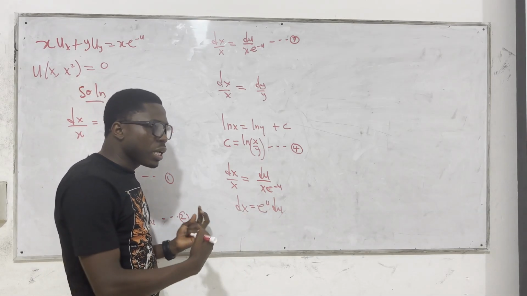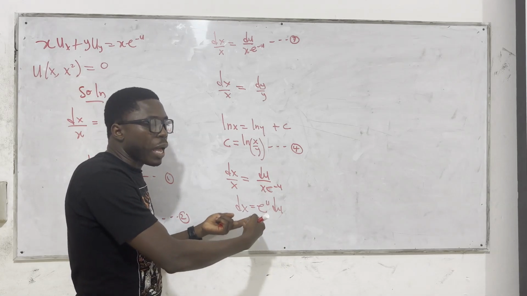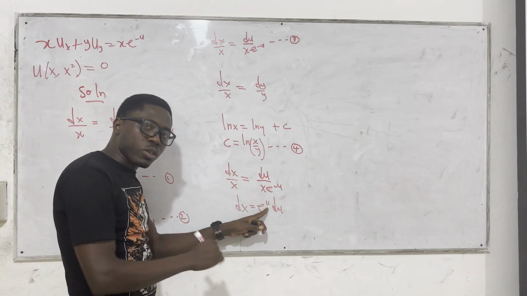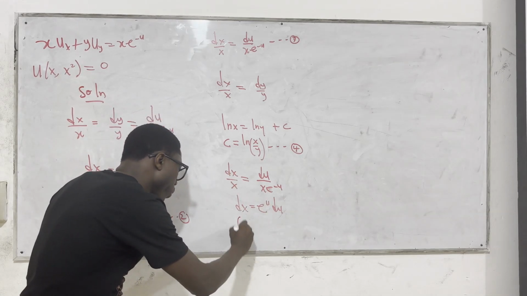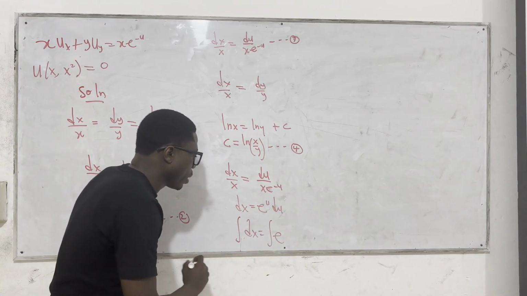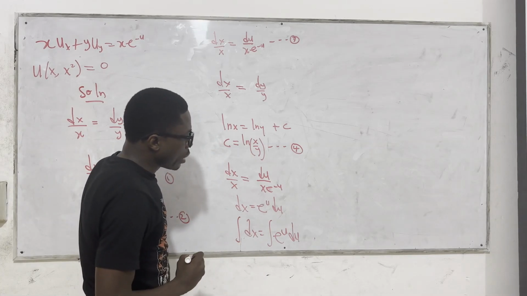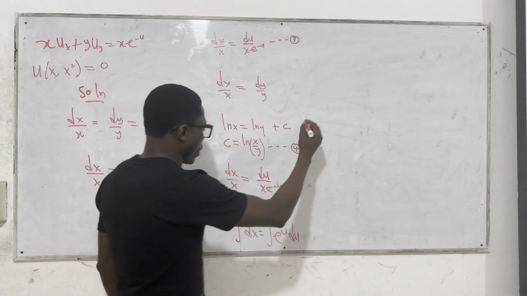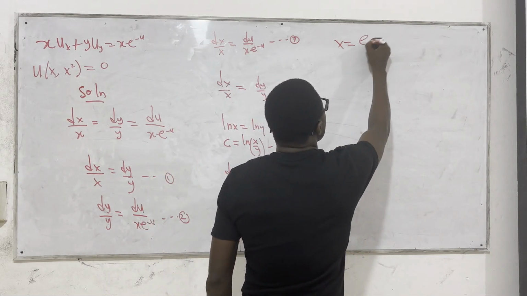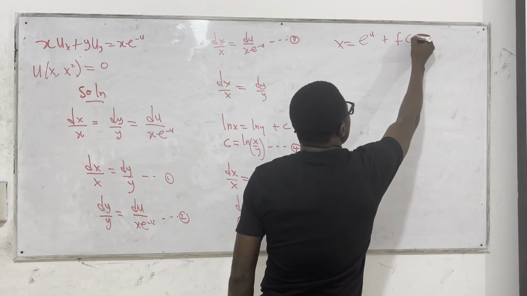It means that we will treat this equation as a partial integration because u is a function of x and y. So if we integrate both sides, we have integral of e to the power u du. That will give us x is equal to e to the power u plus a function of a constant.